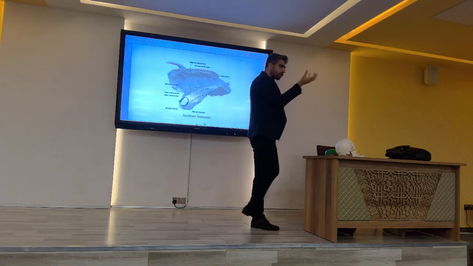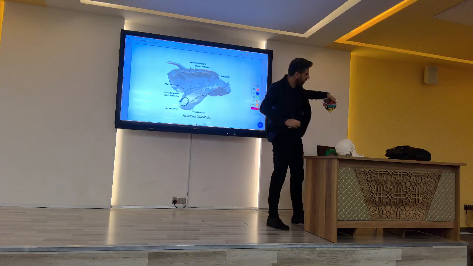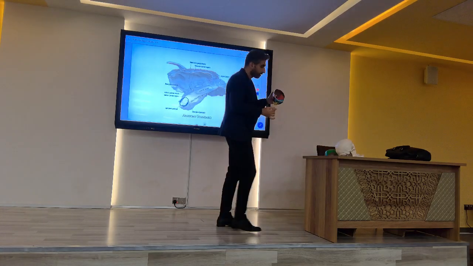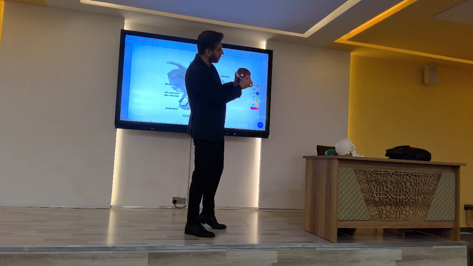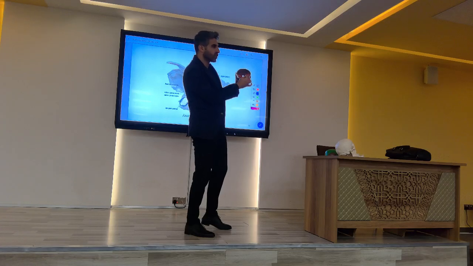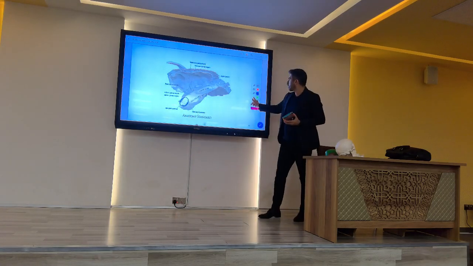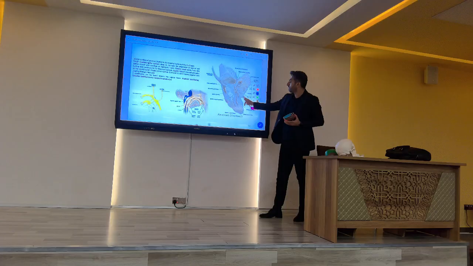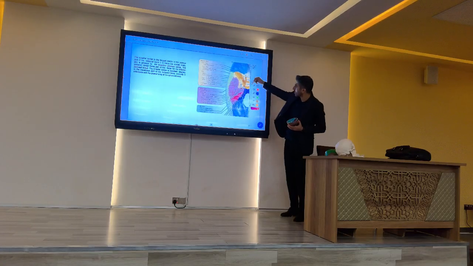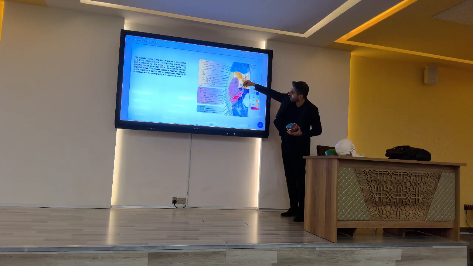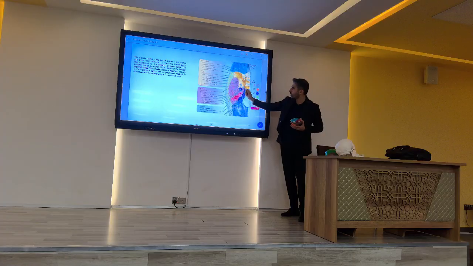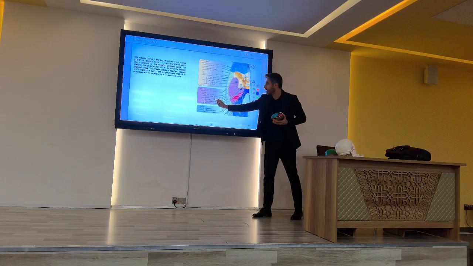Impression is location of something. Let me show you in another picture. For example, this one. Here I have impression, anterior surface, close to the apex, here.